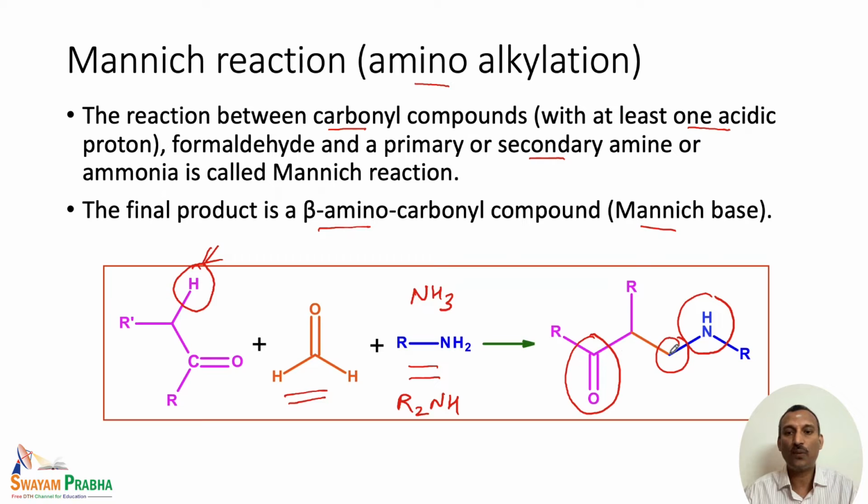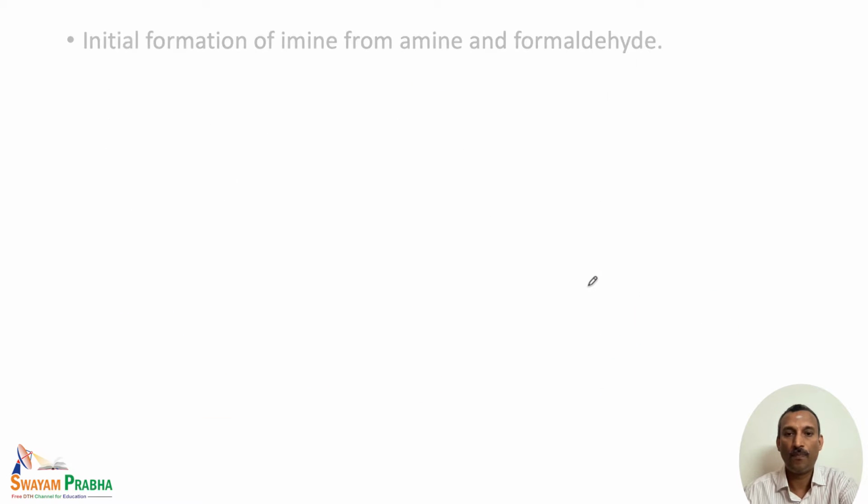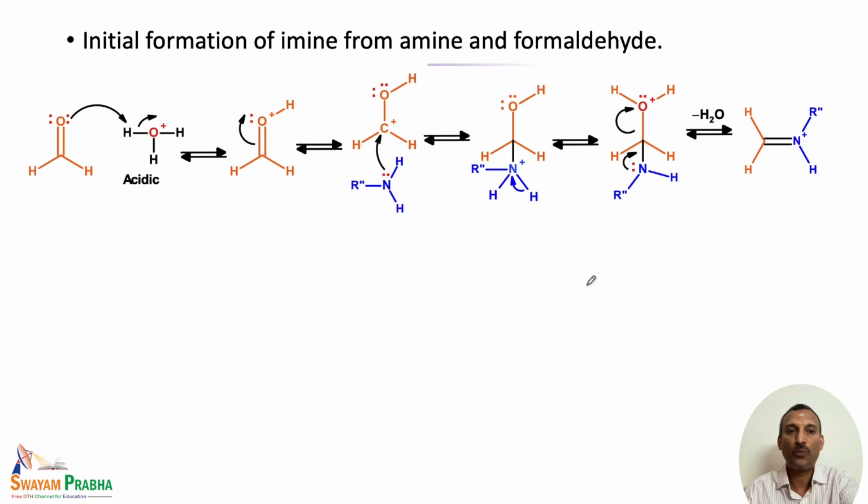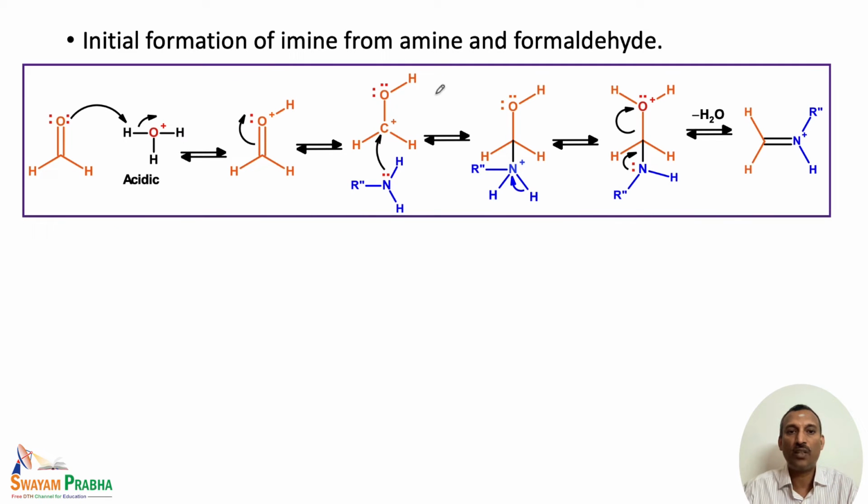In this final compound, there is an amino group in the beta position. If we start, this is the alpha, this is the beta carbon. In the beta carbon we have an amino group with respect to the carbonyl unit. So, we call this a beta amino carbonyl compound. Let us look at the mechanism for this reaction. The first step forms an amine intermediate, an important intermediate.